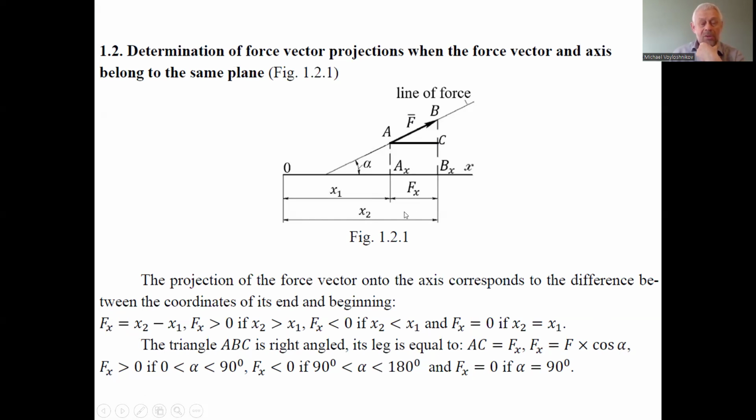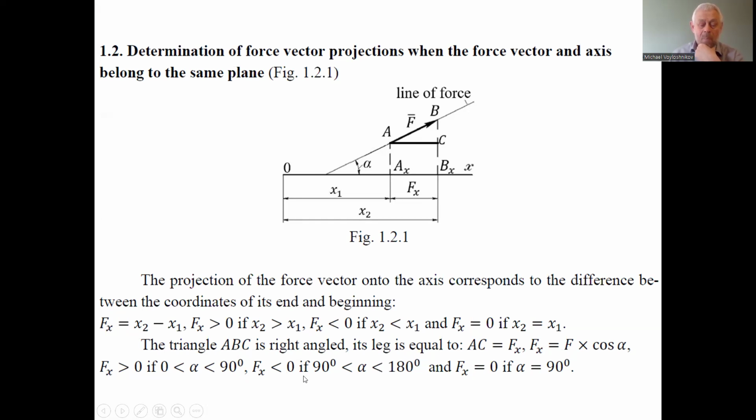This projection of force on the abscissa axis is more than 0 if alpha, the angle between the hypotenuse and the leg of this right triangle, is between 0 and 90 degrees.